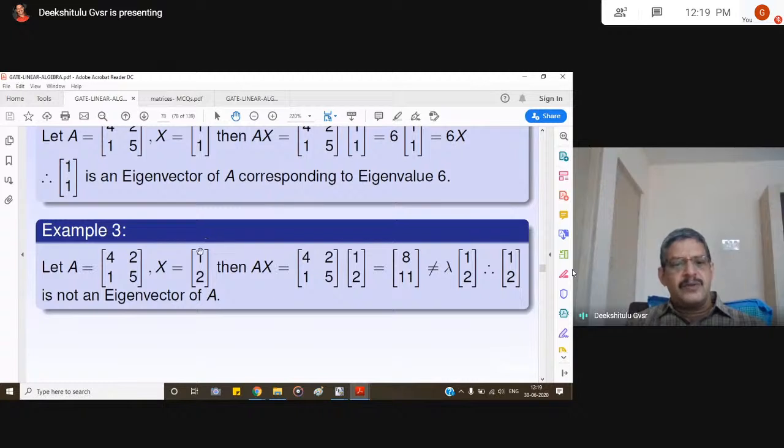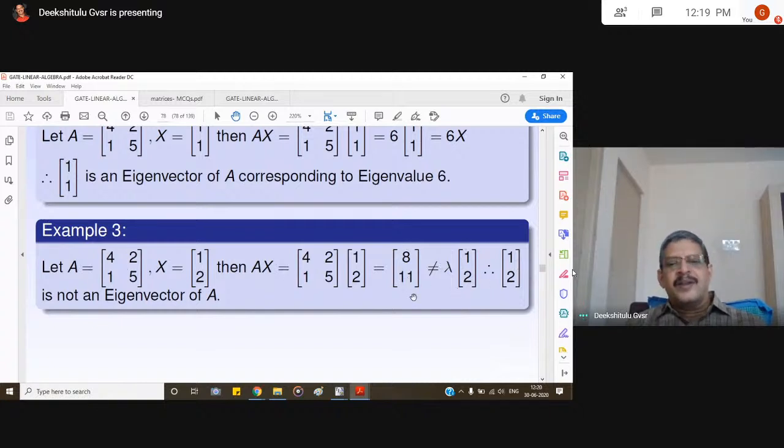Now A is 4 1 2 5 and x is 1 2. Is it an eigenvector? Multiply Ax, you get 8 11. Can you identify it as a scalar multiple of this x, 1 2? Because this is 8 11, you cannot write it as lambda times 1 2. You cannot find a real number lambda which gives lambda into 1 2 equal to 8 11.